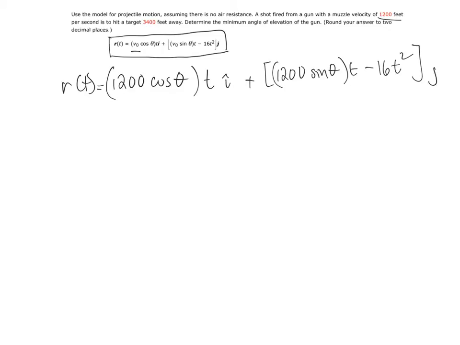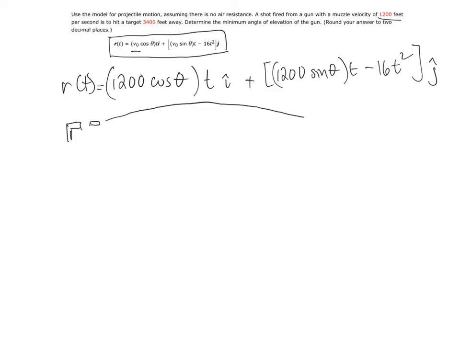That's your j component. Imagine if you shoot a gun, the bullet will travel up a little amount and then it goes down to 0.